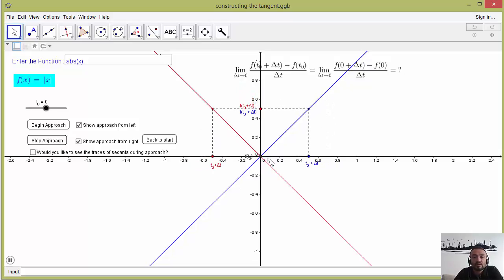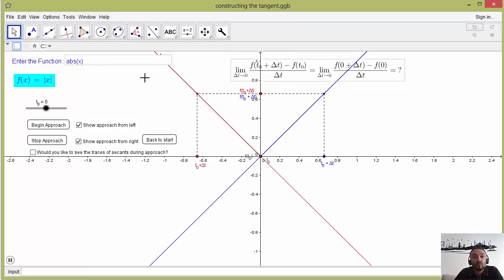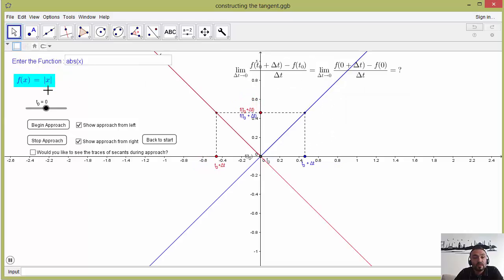I am not wondering what the slope is, but I am sure that this limit doesn't exist for this function at the point 0. So the absolute value of x is not differentiable at 0.